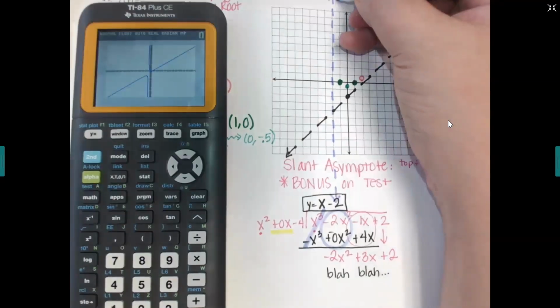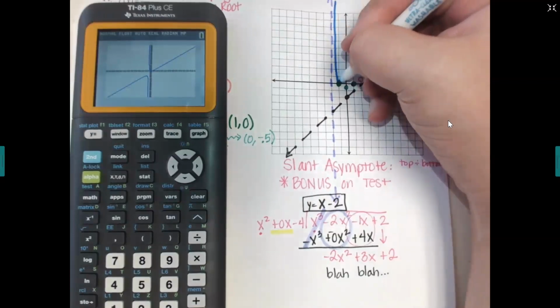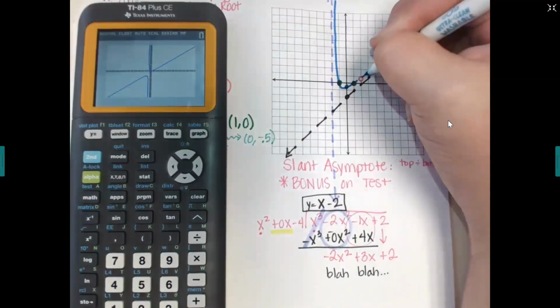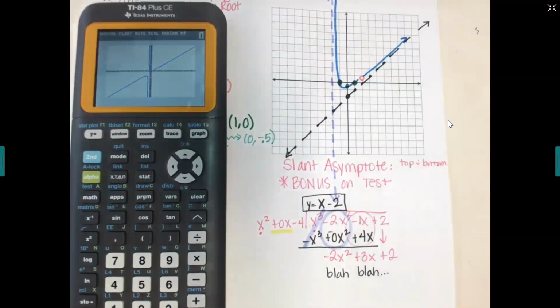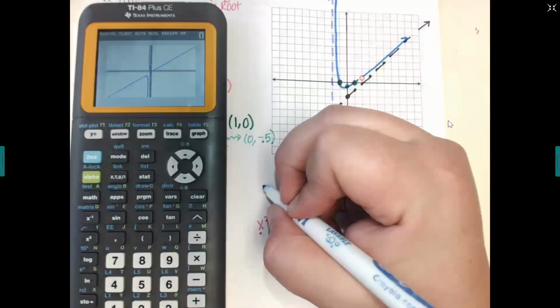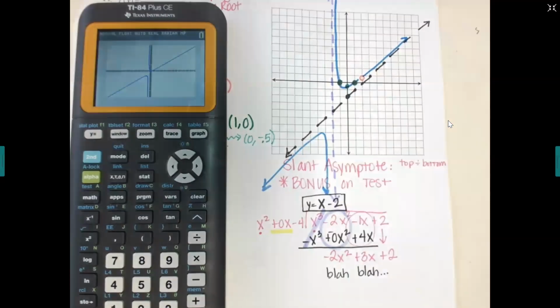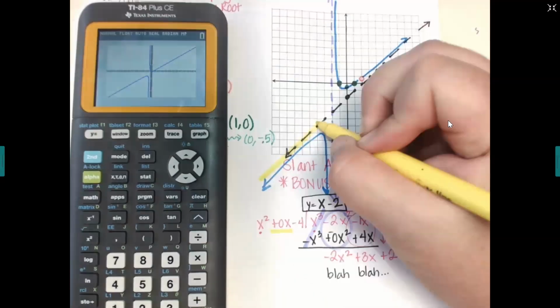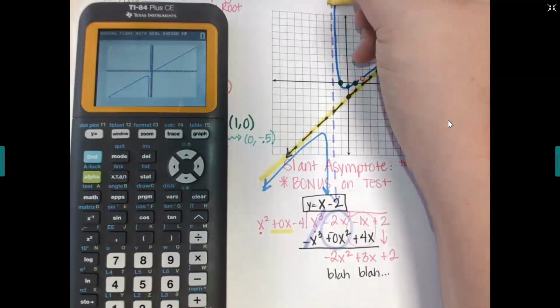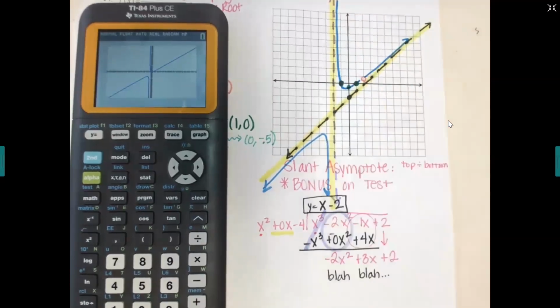So one piece is up here, draw it in. And then the other piece would be somewhere down here. So the only actual pieces of your graph are those blue. These lines are more guiding lines that you can't touch. Questions on that?